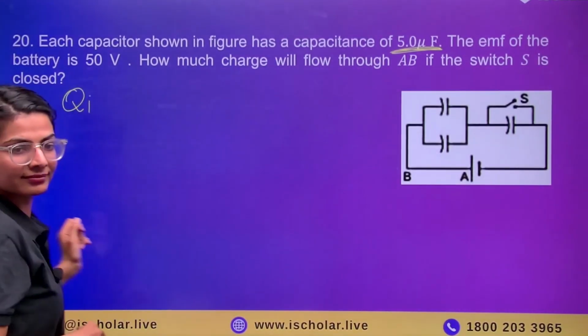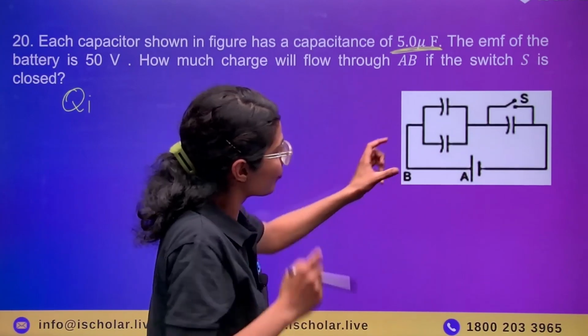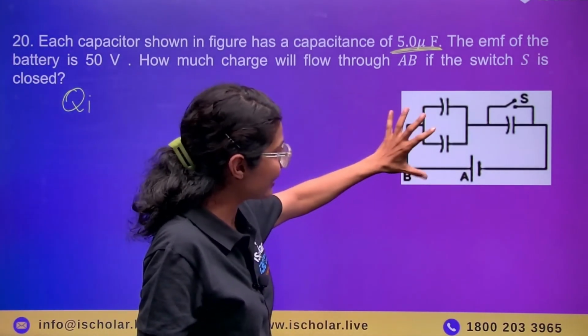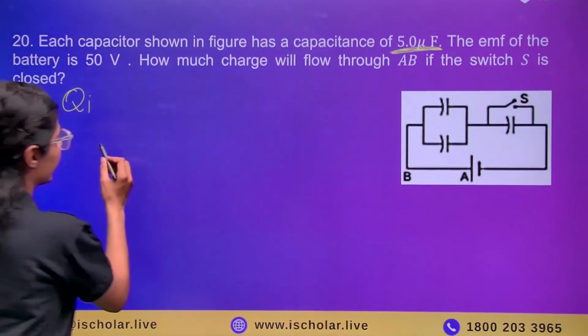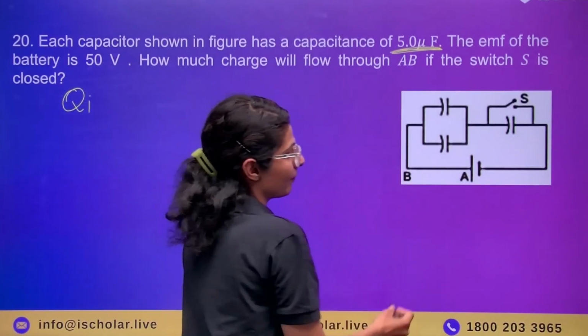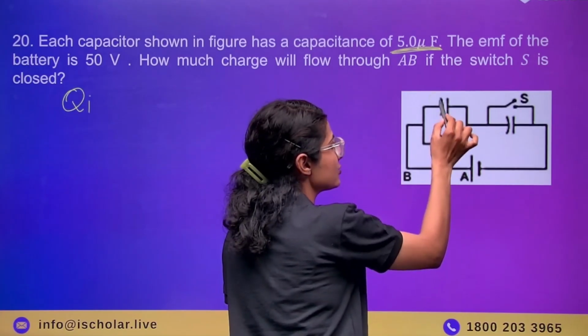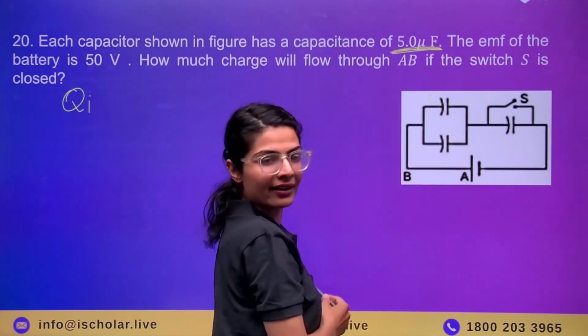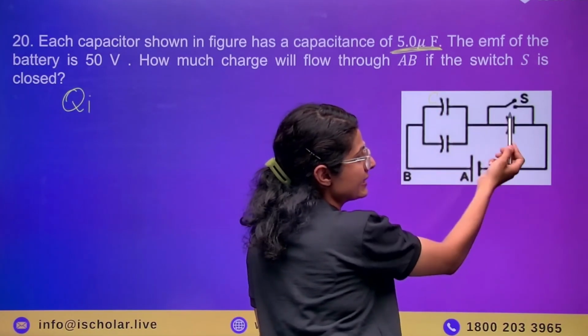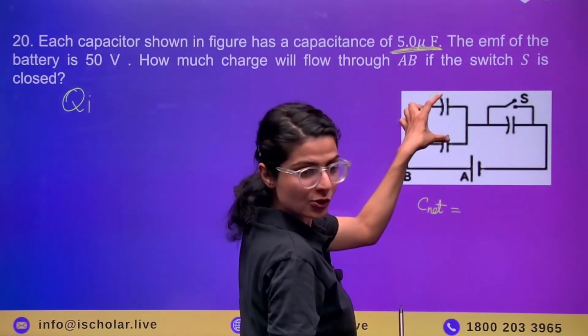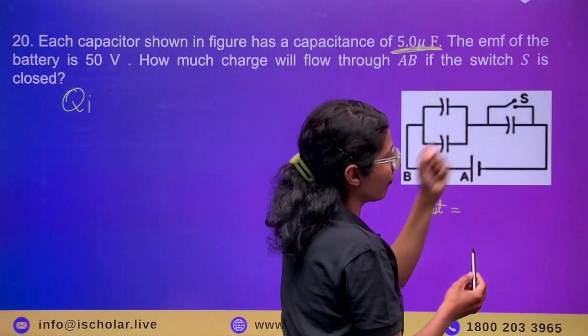For the initial charge, we take this circuit and calculate the equivalent capacitance. Initially, if the switch is not closed, the total capacitance would be these two in parallel along with this in series.